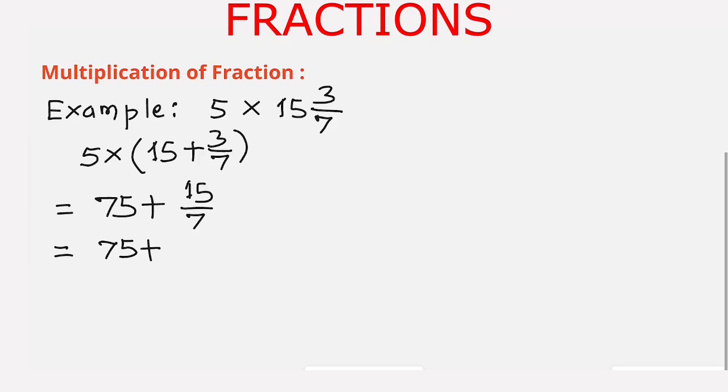This is equal to 75 plus 2 whole and 1 upon 7, as 7 times 2 is 14 and 15 minus 14 is 1. So it is 2 whole and 1 upon 7. And this is equal to 75 plus 2 is 77 whole and 1 upon 7.